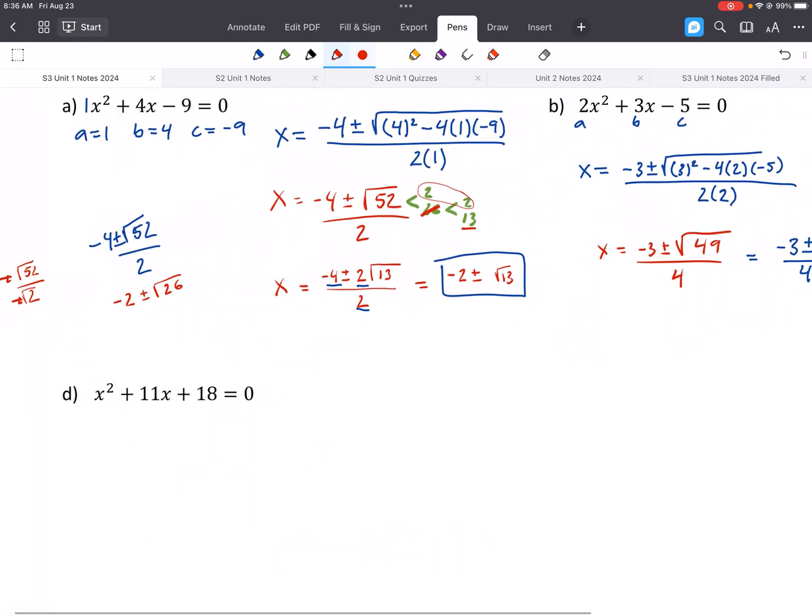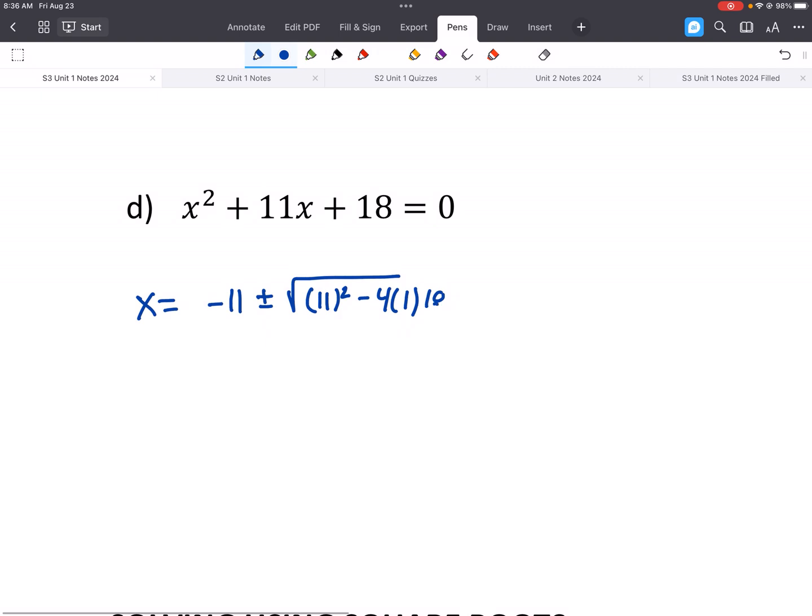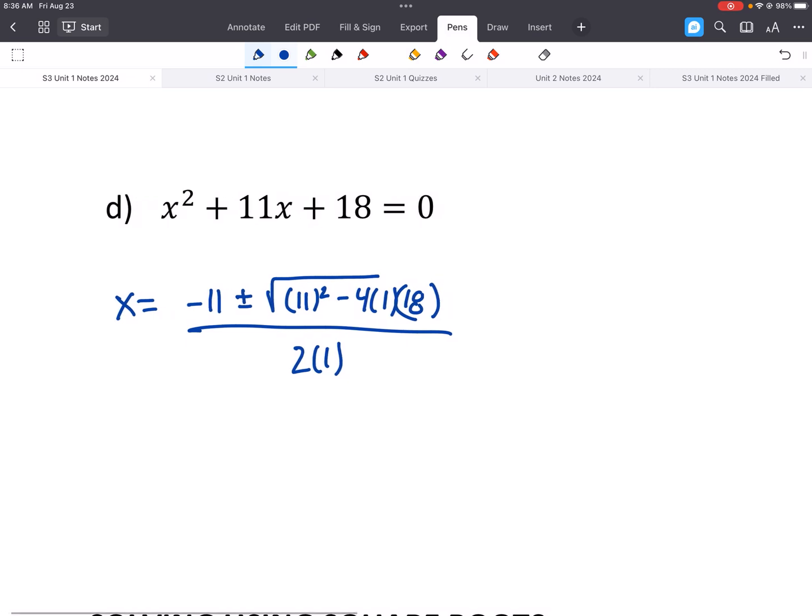All right, so last example. Let's do this one. So x equals negative 11 plus or minus the square root of 11 squared minus 4 times 1 times 18, all over 2 times 1. Okay, so then we want to get that discriminant. Actually, I haven't looked that one up yet.